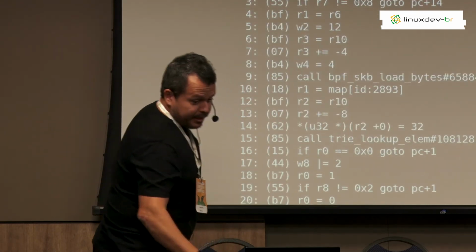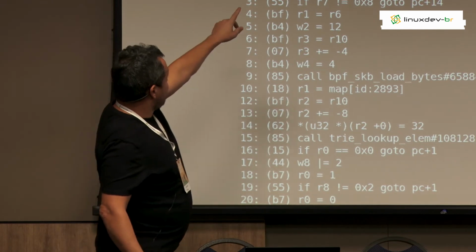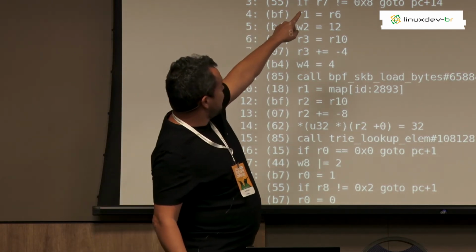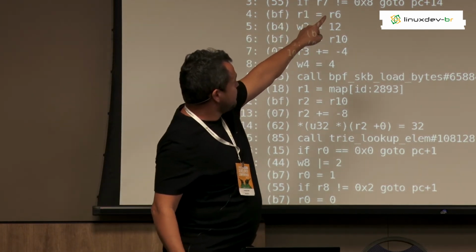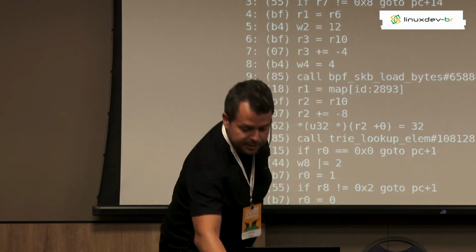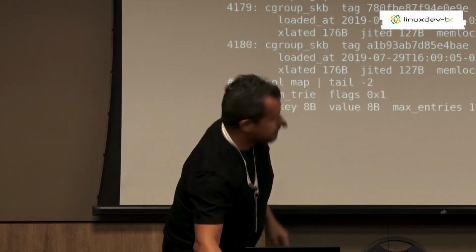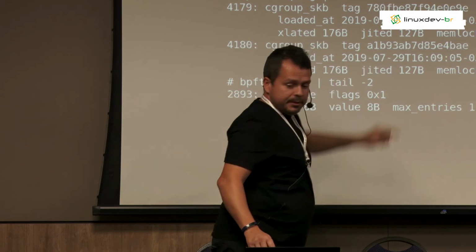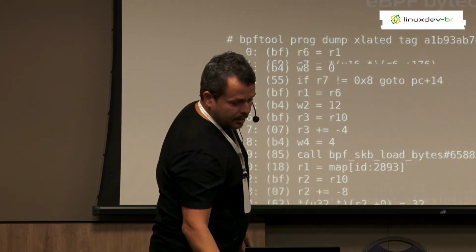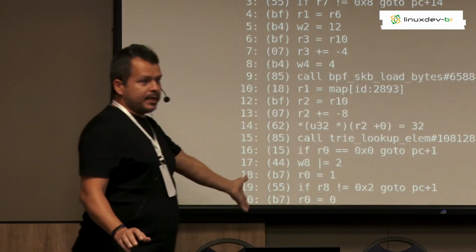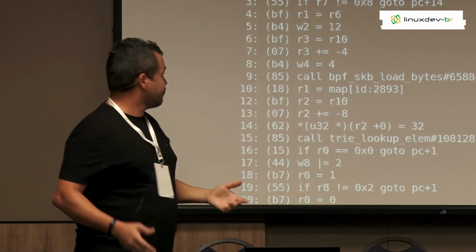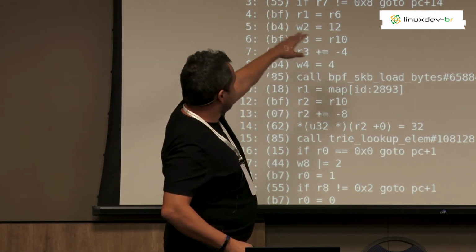You can see with bpftool prog dump the bytecode translated, and I say the tag, which was the second one, is A1B. And you can see what the bytecode for BPF looks like. So it's simple, it has some registers, whatever.